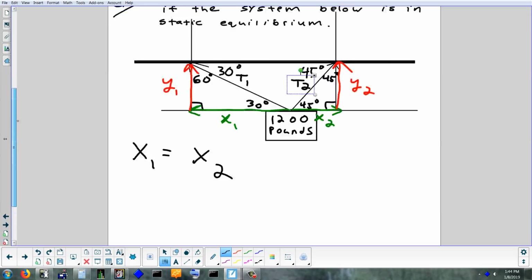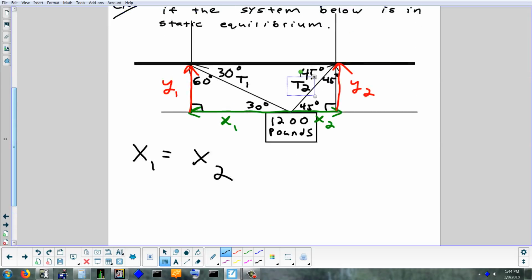That's left and right. What about force up? What's the force pulling up in this picture? Y1 and Y2 working together. So Y1 plus Y2. And what's the force that's pulling down?